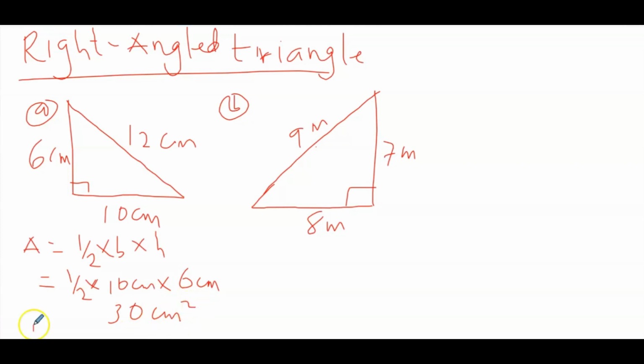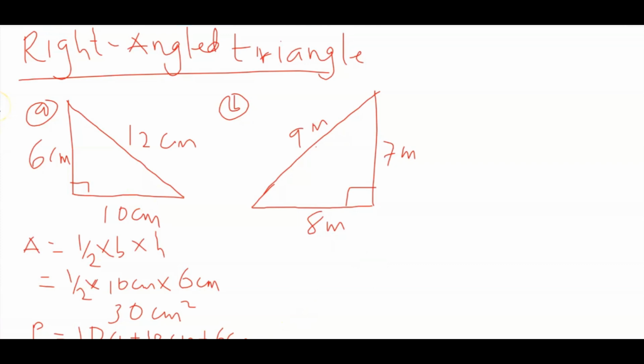Perimeter P: we say perimeter is the total distance around the figure, so it's going to be 10 centimeter plus 12 centimeter plus 6 centimeter.